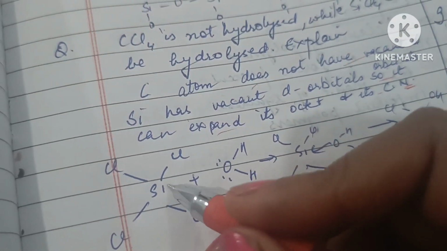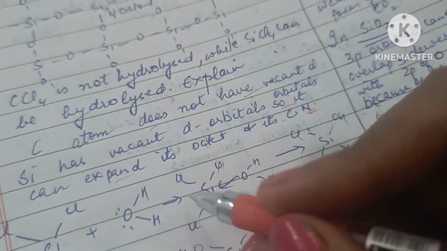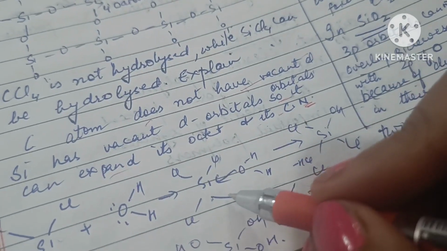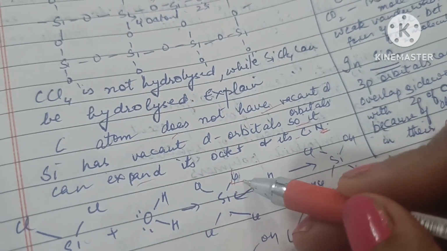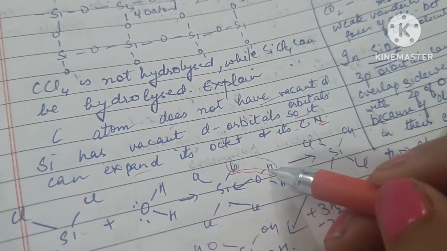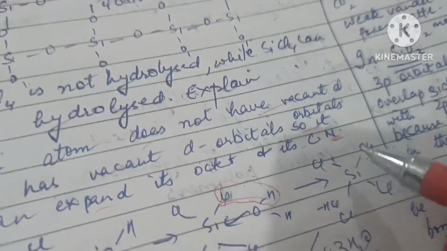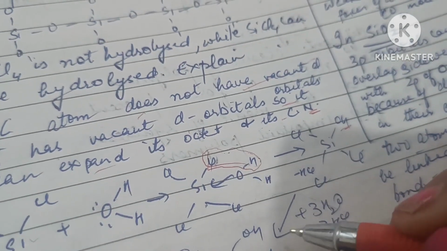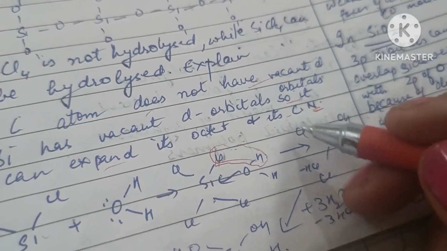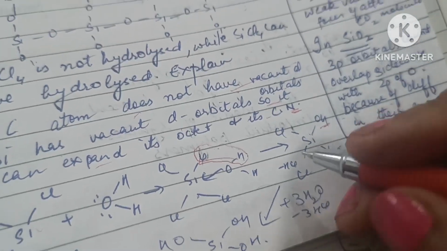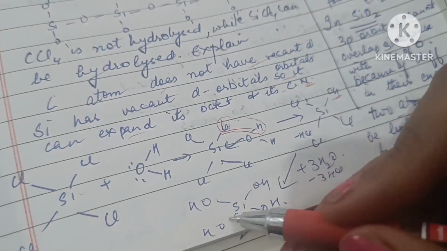Oxygen will give electrons and it increases its covalency from octet to 5 bonds, that is 10 electrons, and then in the next step the Cl of SiCl4 and H of water will combine to form HCl, and OH takes the place of this Cl. In the next step, the remaining 3 chlorine atoms will also get displaced with the 3 OH groups by combination with water, and Si(OH)4 is formed.